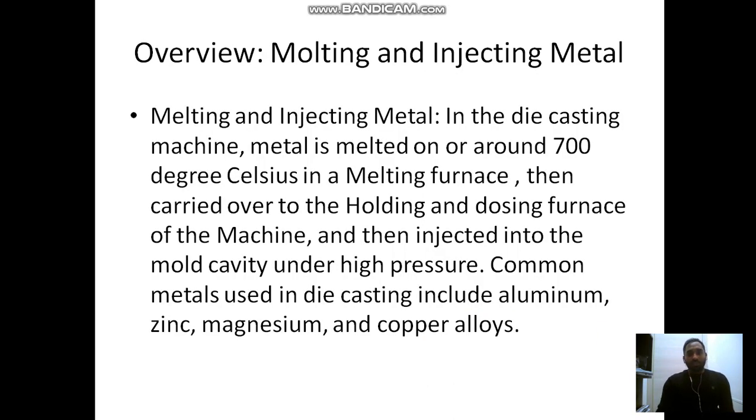In the die casting machine, metal is melted at or around 700 degrees Celsius in a melting furnace, then carried over to the holding and dosing furnace of the machine, and then injected into the mold cavity under high pressure. Common metals used in die casting include aluminium, zinc, magnesium, and copper alloys.